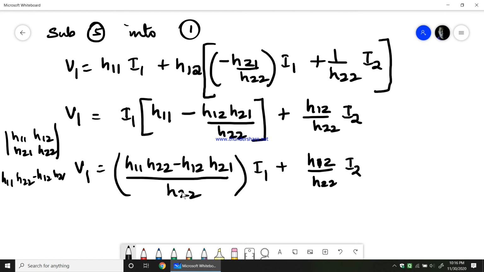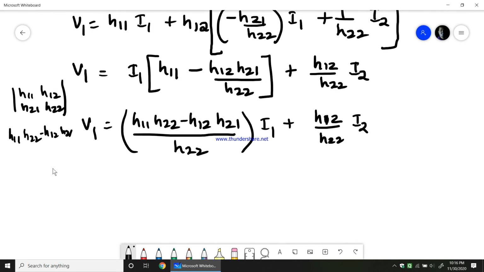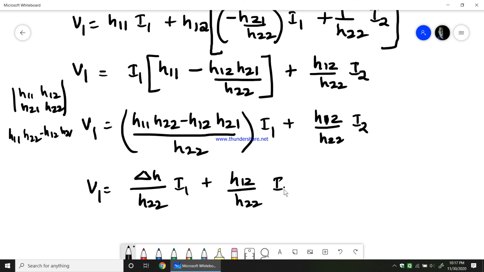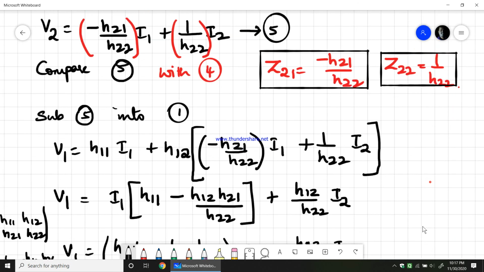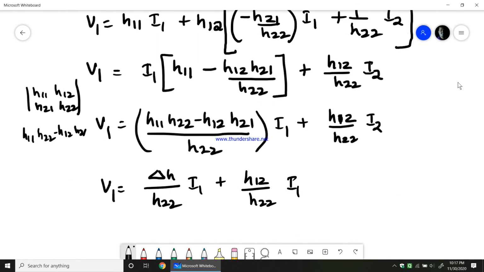Therefore, this term can be written as delta H. So V1 is equal to delta H by H22 into I1 plus H12 by H22 into I2. Let me take this as the sixth equation.